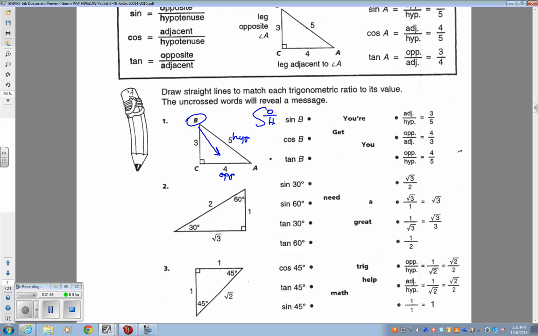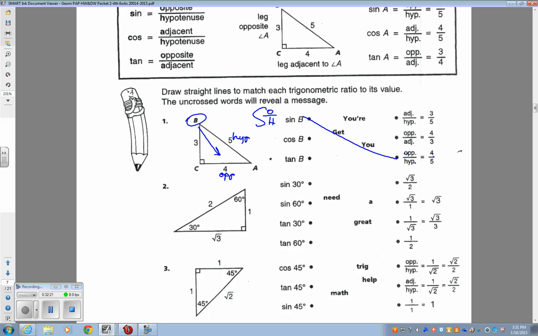I look over here. Here it is, opposite over hypotenuse, 4 over 5. I'm going to connect this dot with that dot for sine of B, because it said sine B.